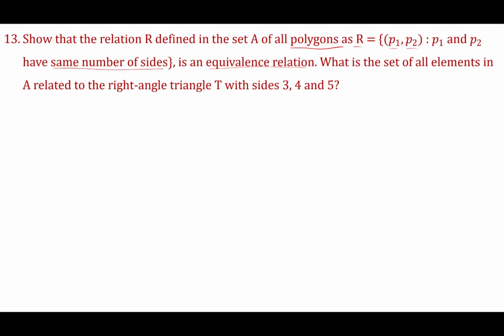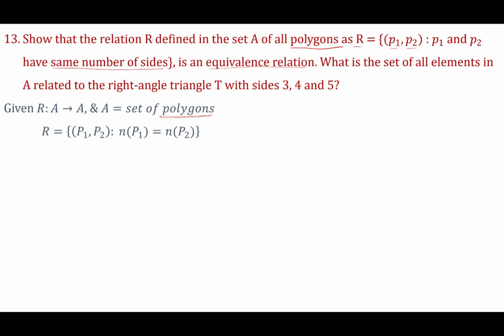At first, the given relation R is defined on set A, and set A equals the set of all polygons. What is a polygon? A polygon is a closed figure with line segments. And here R is defined as (P1, P2), such that the number of sides of the first polygon must be equal to the number of sides of the second polygon.